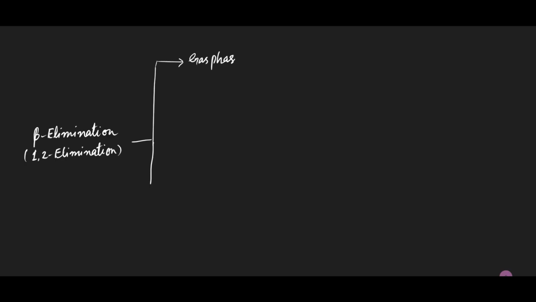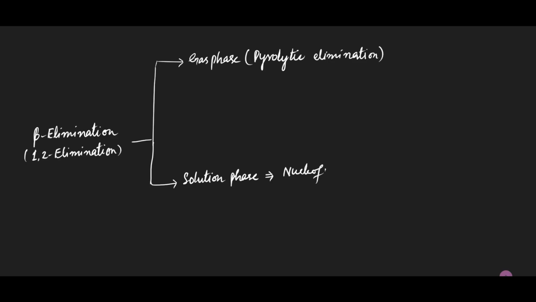Our lecture is based on beta elimination, also called 1,2 elimination. This can be divided into two types. One type takes place in gas phase, also called pyrolytic elimination. The other one largely takes place in solution. In case of reaction in solution, the nucleofuge or leaving group leaves along with the electron pair.